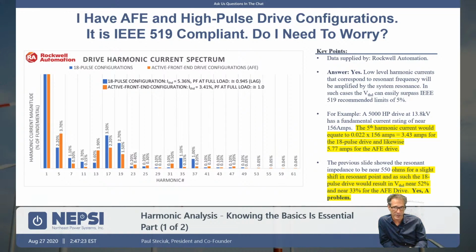And this is really key. We will oftentimes get customers that say, hey, I got active front-end drives, I don't need to worry about resonance, I don't need to worry about distortion. They're IEEE 519. I'm going to buy a standard cap bank. And this is the wrong statement.